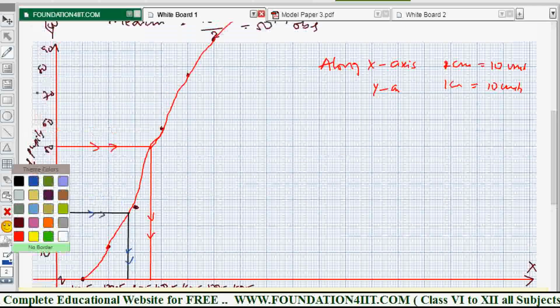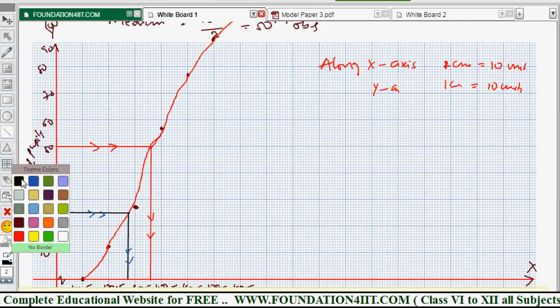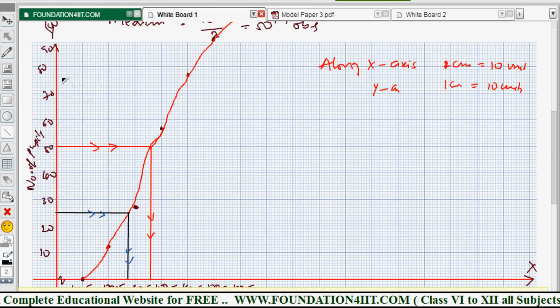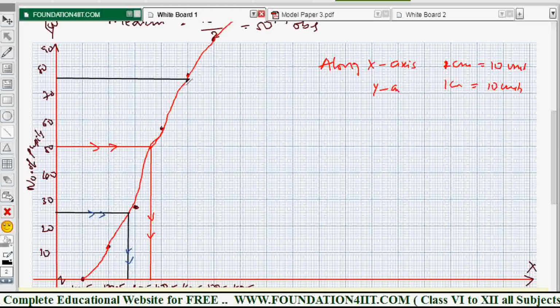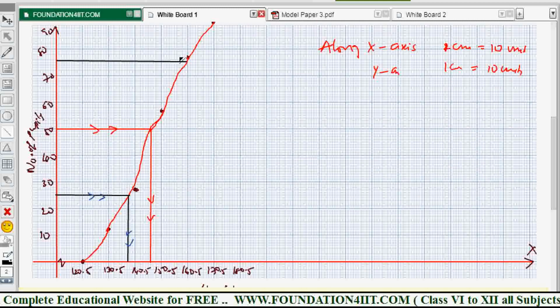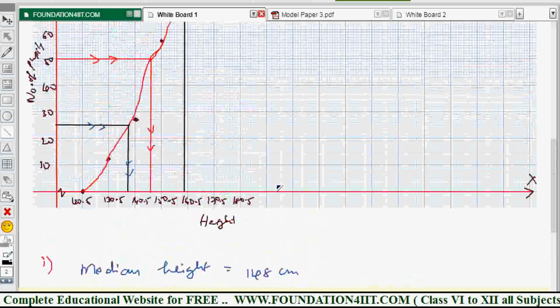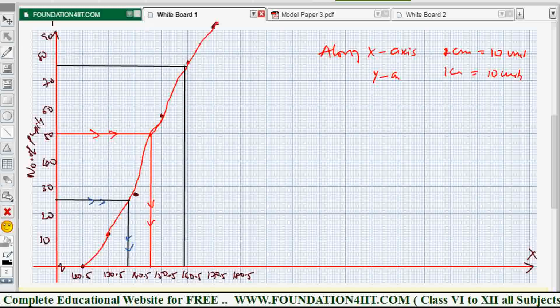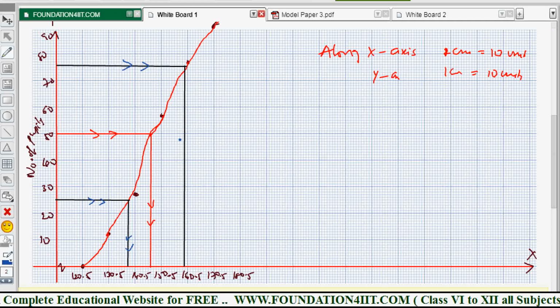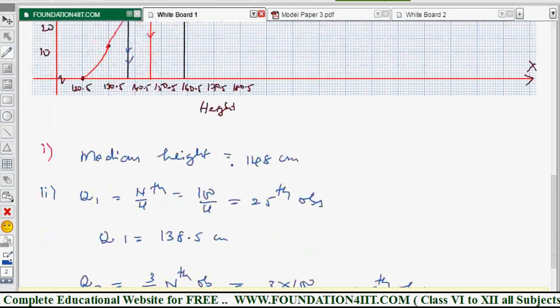Between 70 and 80, at 75, take the straight line, and from there you can join. So 150, near to 160 on the previous line, so 159 it is. So just keep arrows down. So where it's touching on the x-axis, 159. So this is the Q3.